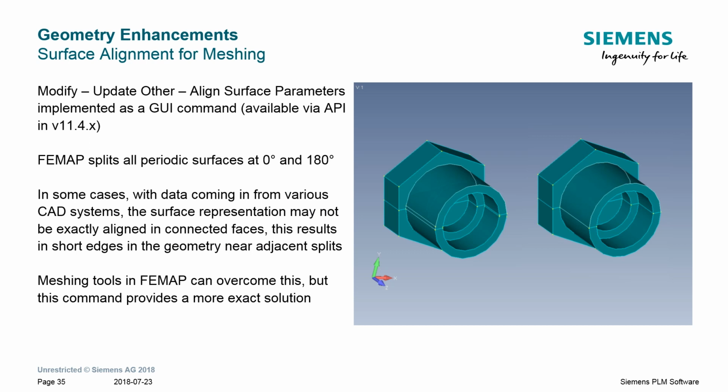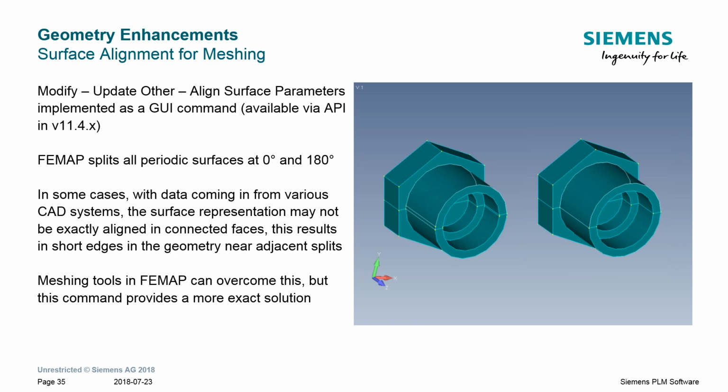We added an option to align periodic faces. So if you have a cylindrical body, the one on the left, you can see that not all of the periodic splits are aligned. And the small difference, especially at the center, would cause some issues with meshing.